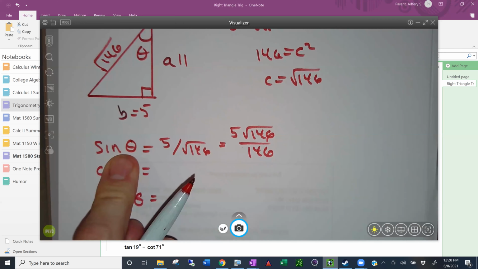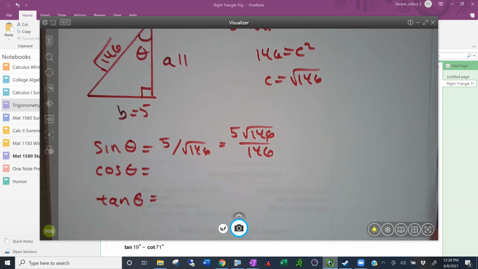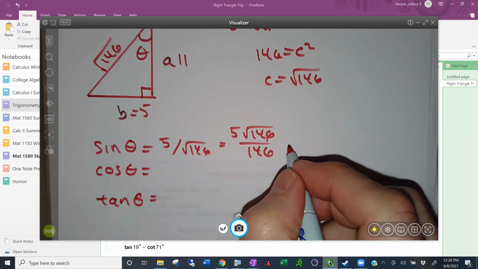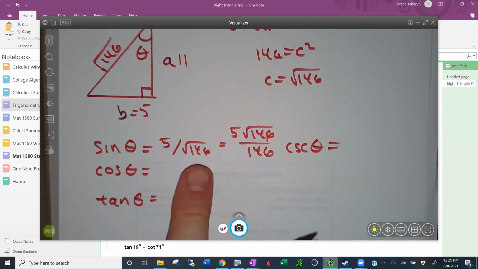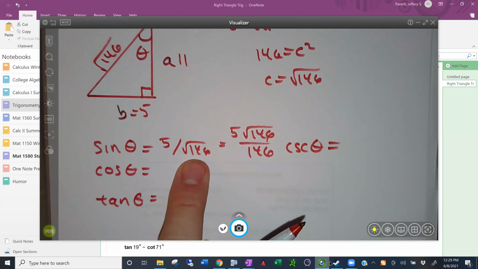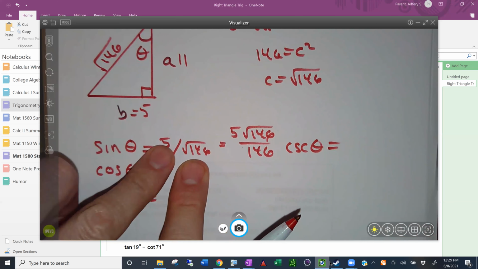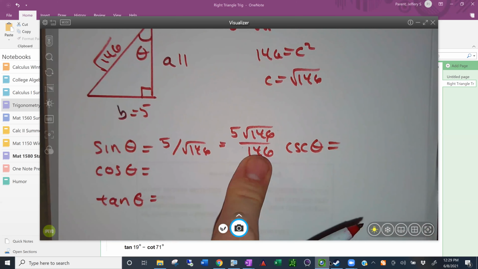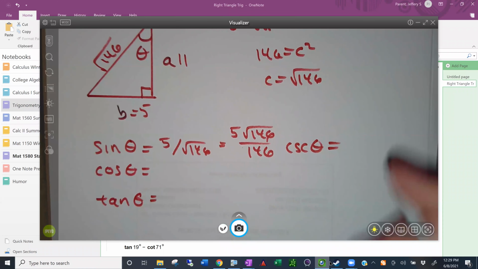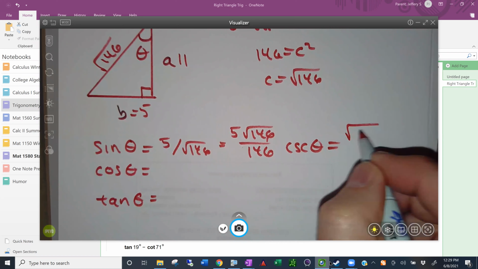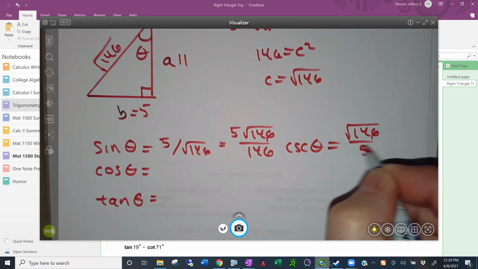What's the reciprocal of the sine? Cosecant. Thank you. Now, my little trick that I share with my students is this. When you're finding these reciprocal functions, don't take the reciprocal here, take the reciprocal before you rationalize. It's just easier. It's square root of 146 over 5.